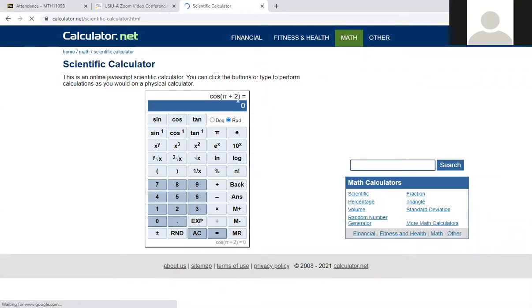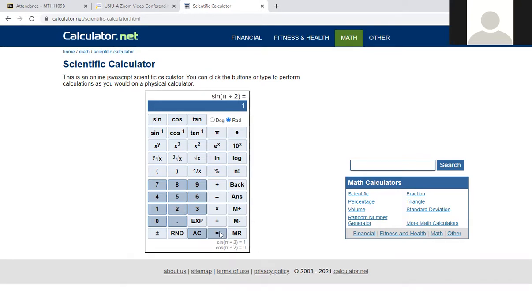So there's a problem with the calculator I was using before. Then if you change this to sine of pi, pi divided by 2, that gives you 1, if you do it in radians.